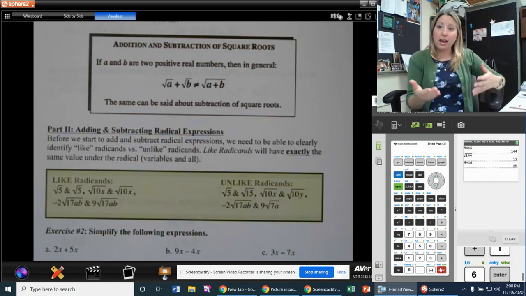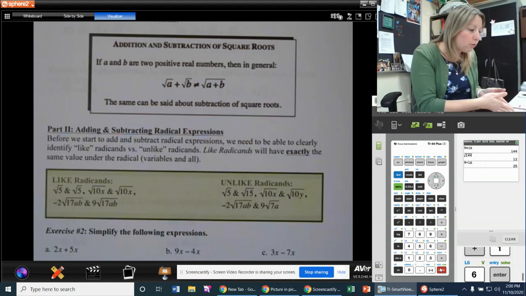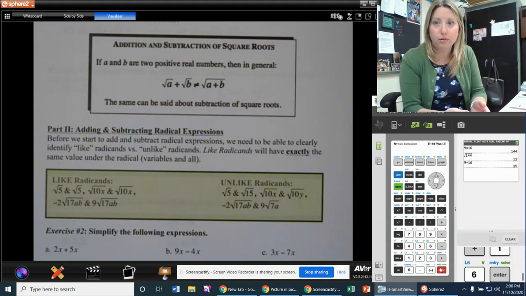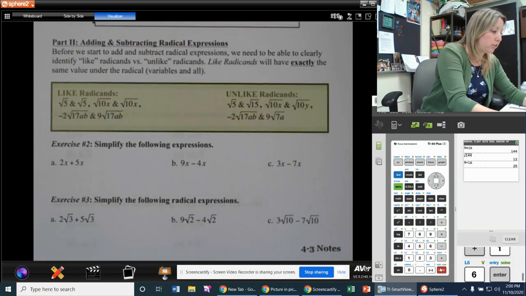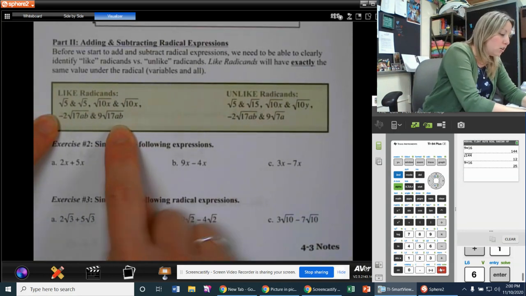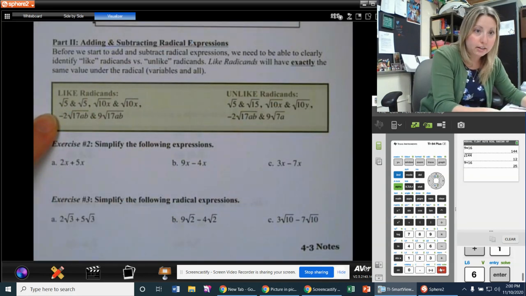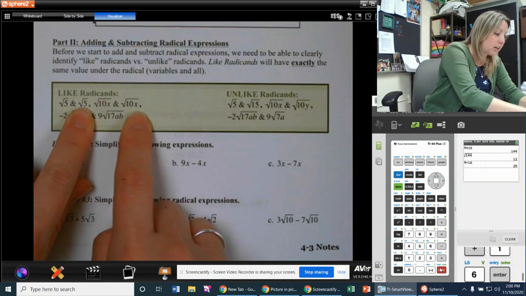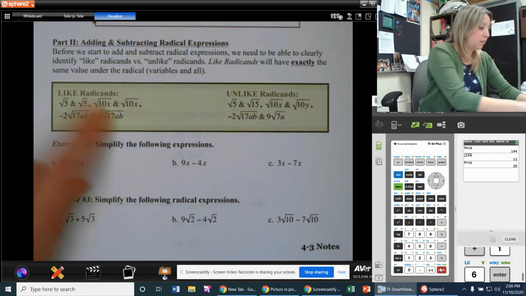That's actually how I approach it with you, as like radicals and unlike radicals, or radicands, if you will, the number underneath. So here are some like ones. Radical 5 and radical 5 are the same exact radicand. Radical 10x and radical 10x are the same exact radicand.